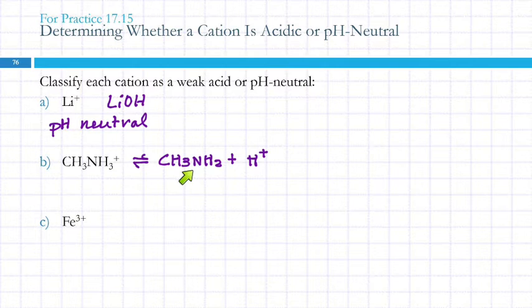This is the base. Is that a weak base or a strong base? It's a weak base, because strong bases look like this, LiOH, NaOH. They've got OH in them. This doesn't. So this then acts as a weak acid. Are you okay with that?